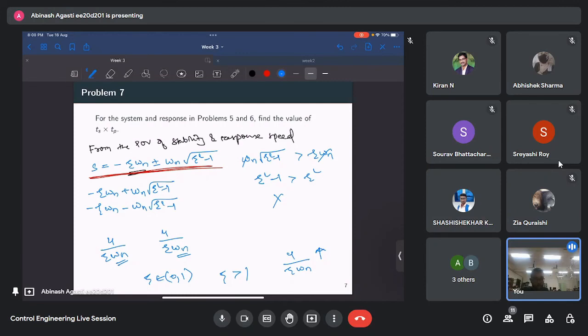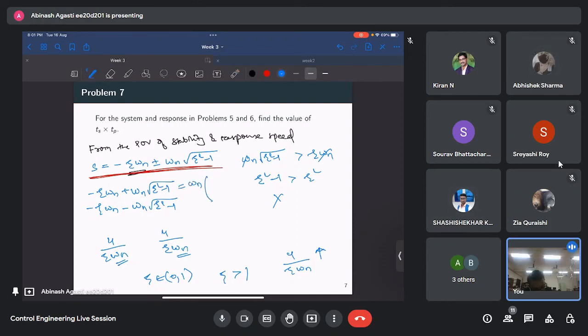If damping ratio and this natural frequency both are positive, then this thing will be negative definitely, correct? Yes sir. And this thing can be positive if this part is greater than this part, correct? Yes sir. But that is never possible, right?